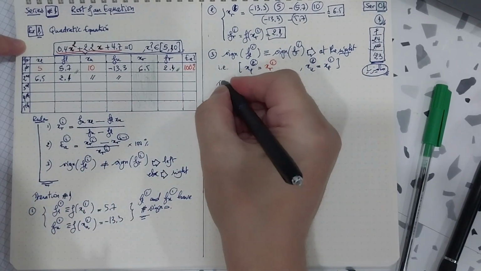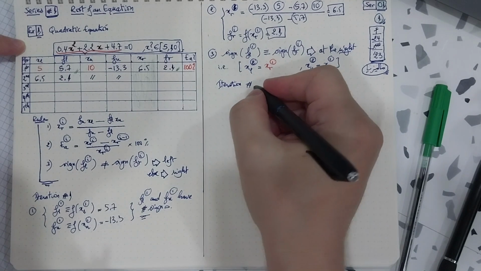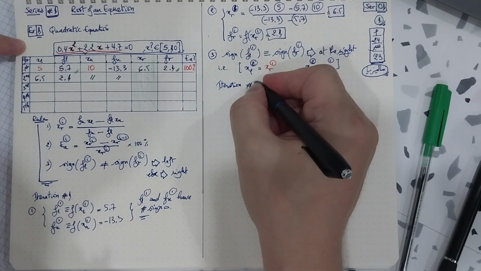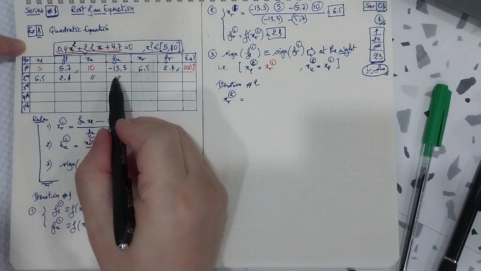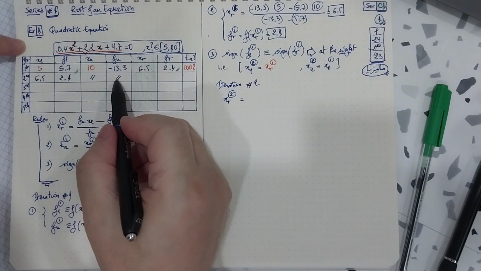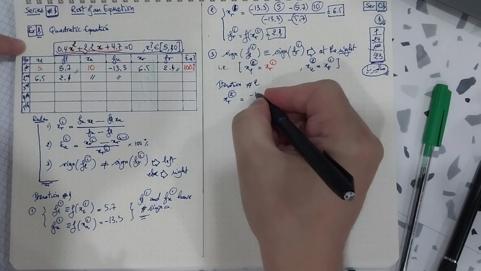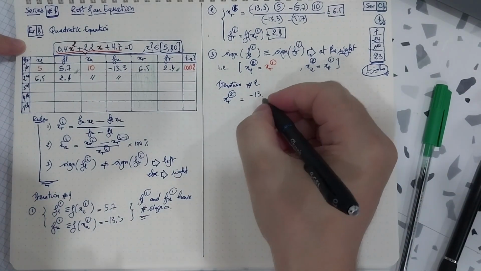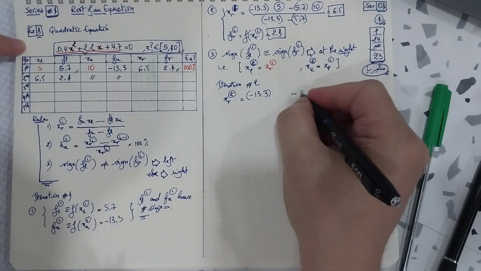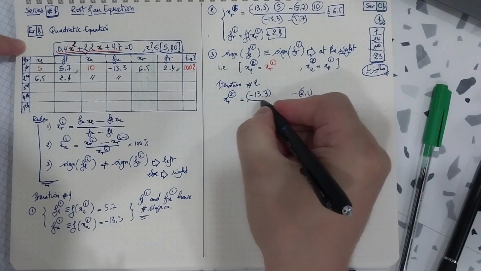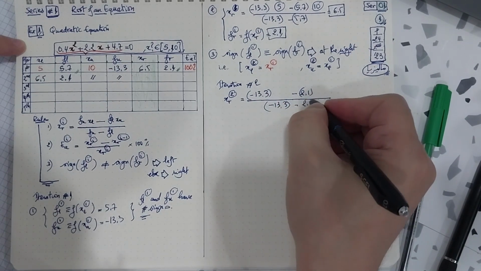Then iteration number 2, we apply the Abou Kamel method. Iteration number 2, XR2, FU and FL. FU is minus 13.3 and FL is now 2.1. So let's write it here, minus 13.3, minus 2.1 over the same, 2.1.